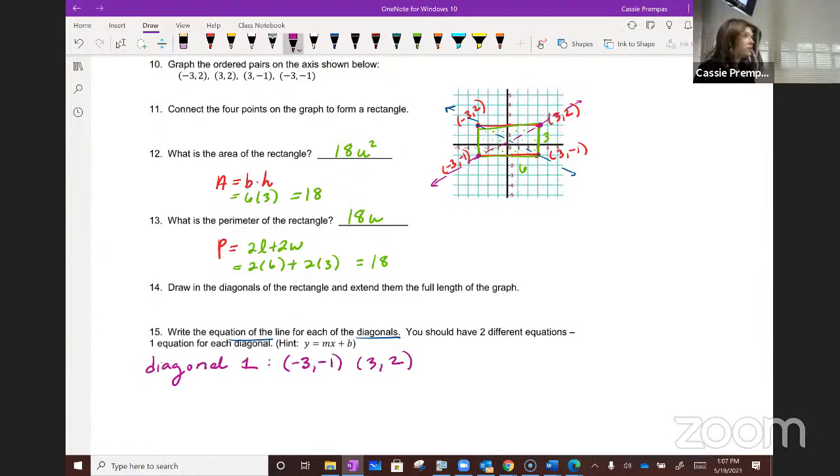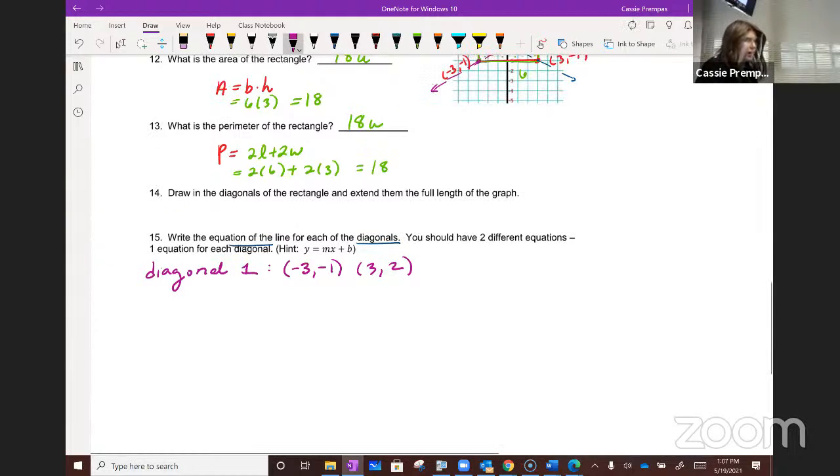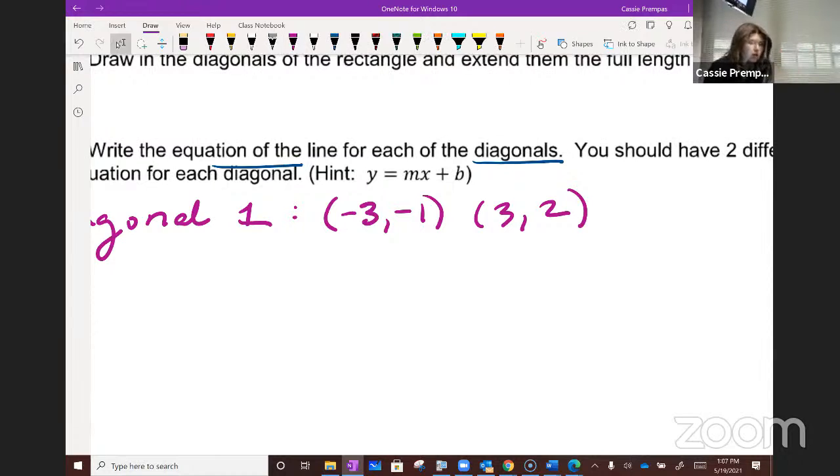It is a line, so you want to be thinking about the equations of lines. What do you always need to find? The slope. How do we find the slope between 2 points? Change in y over change in x. So you could call it y1 minus y2 over x1 minus x2. Whatever number you choose to go first, it just has to be first on the bottom as well.